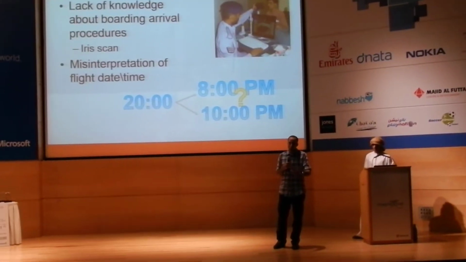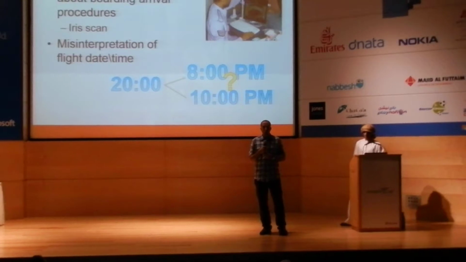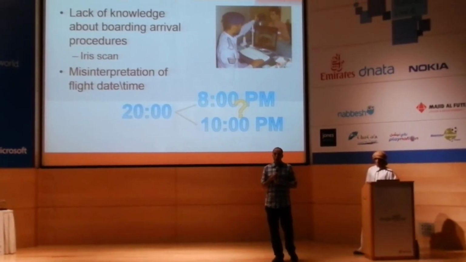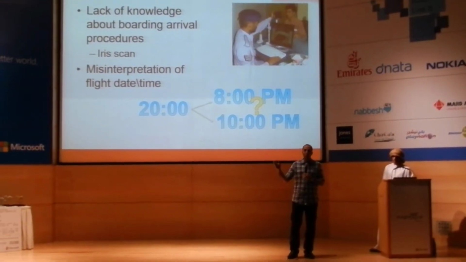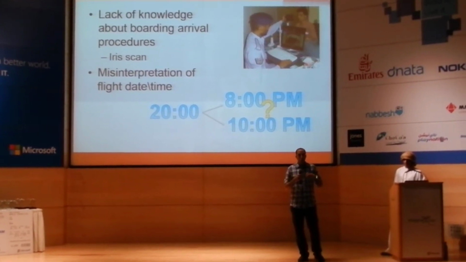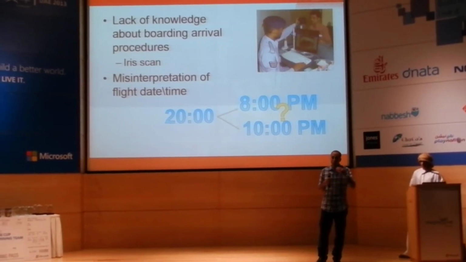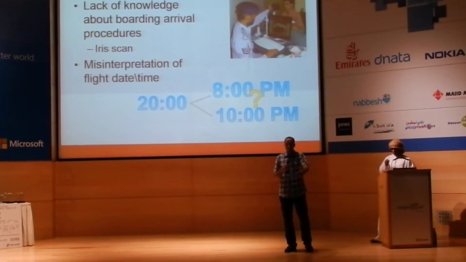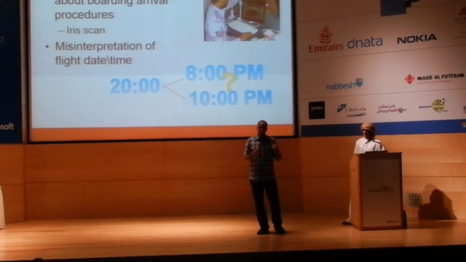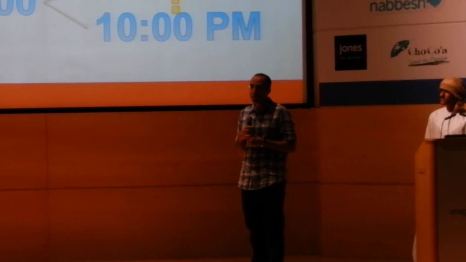You have what's called the iris scan, which is the eye scan required of all people on a visit visa. So imagine my sister and many more people coming from everywhere, who don't know about this requirement. They will go in the queues of passport control. It is congested, and then when they reach passport control, they will be told to please go back to the iris scan. So this will create congestion. We wanted to help in this scenario.